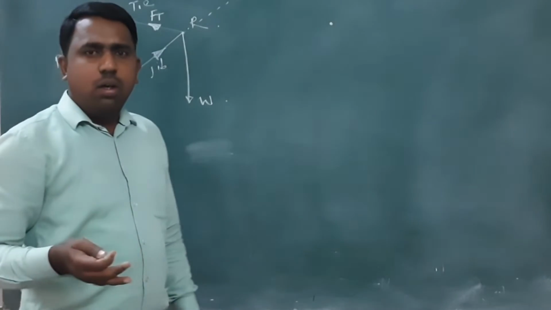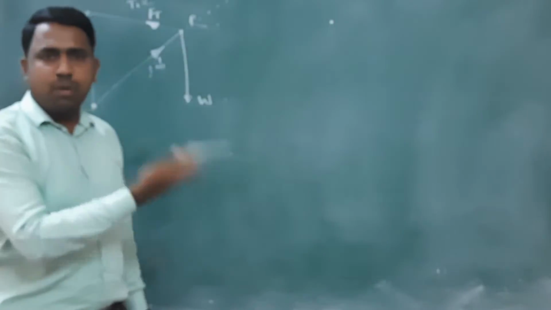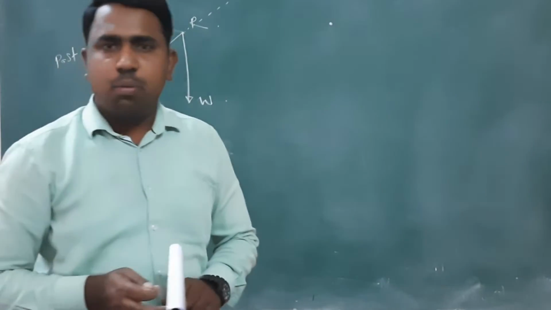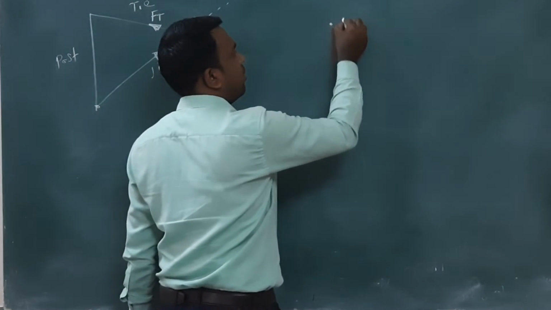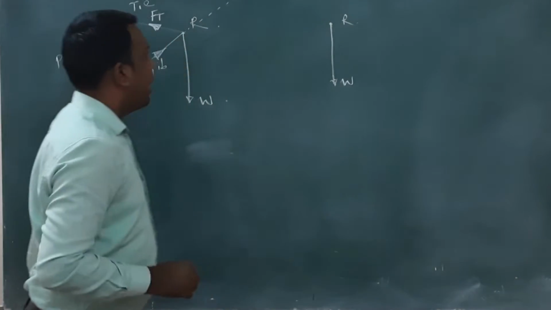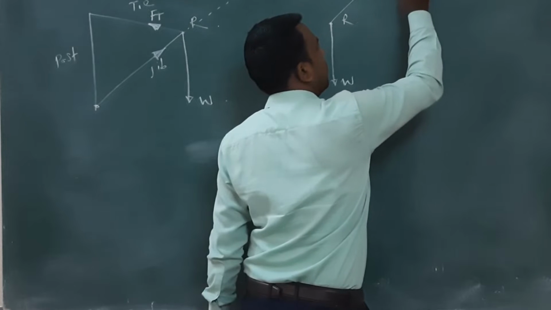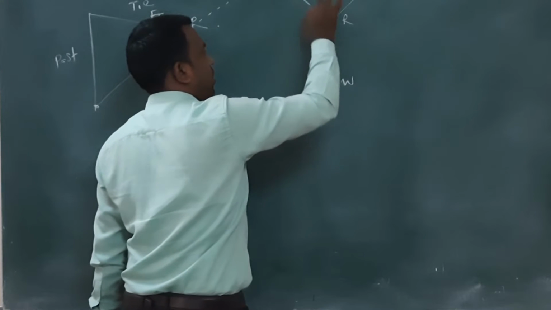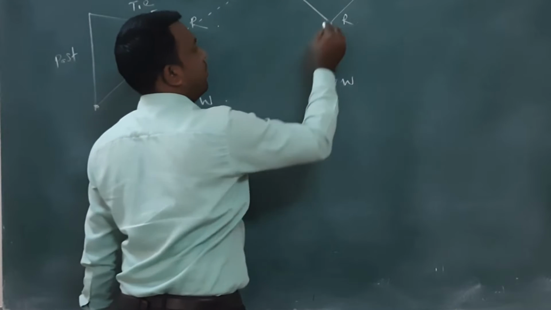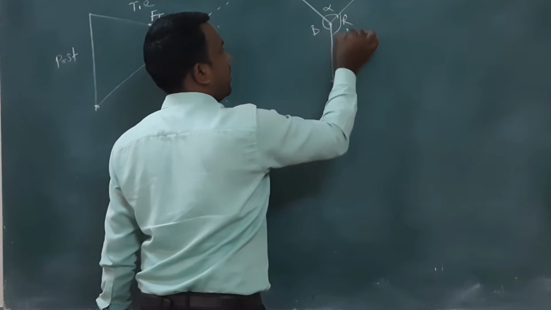Now with this force diagram we have to draw the space diagram, where we find the angles between the forces. This is the point R. The downward force is the load W, this force is Fj, and this force is Ft. Consider this the angle alpha, this the angle beta, and this the angle gamma.